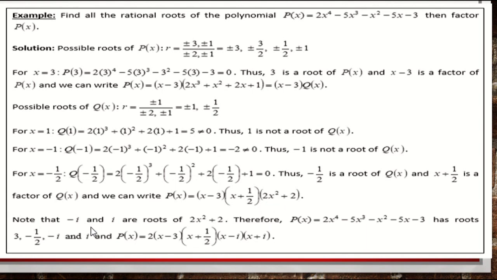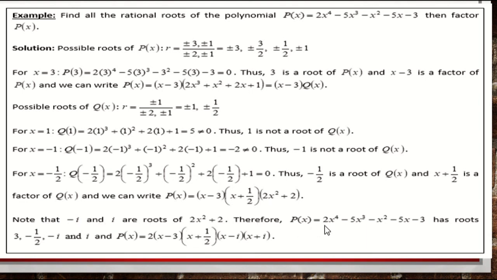Note that negative i and i are roots of 2x squared plus 2. Therefore, our roots are negative i and i. Since negative i squared is negative 1 times 2, negative 2 plus 2, it becomes 0. And i squared is also negative 1 times 2, negative 2 plus 2, which is also 0. So negative i and positive i are roots.